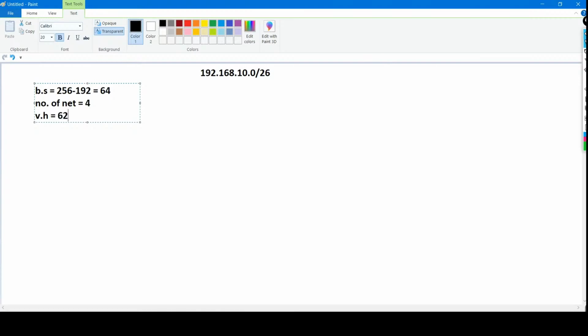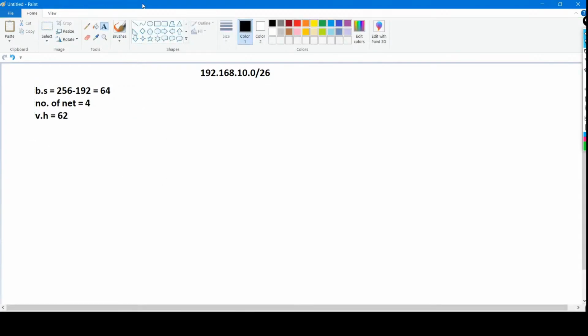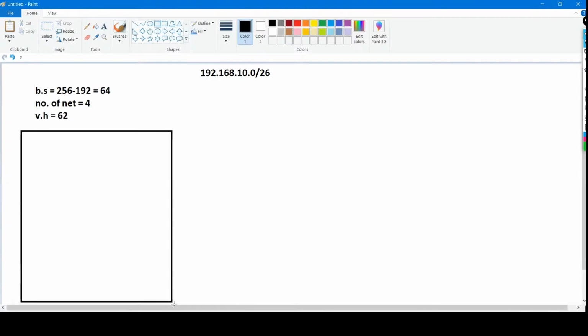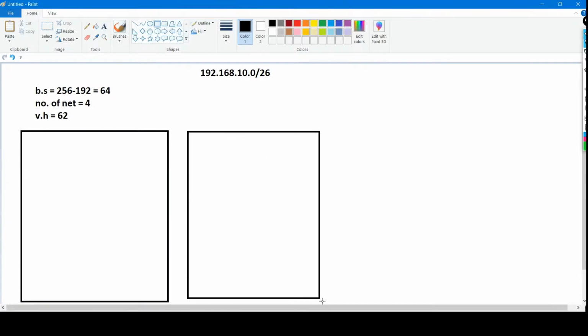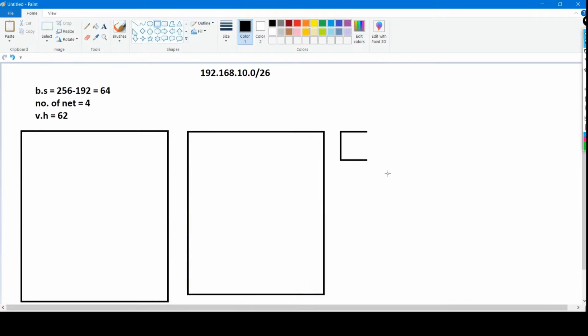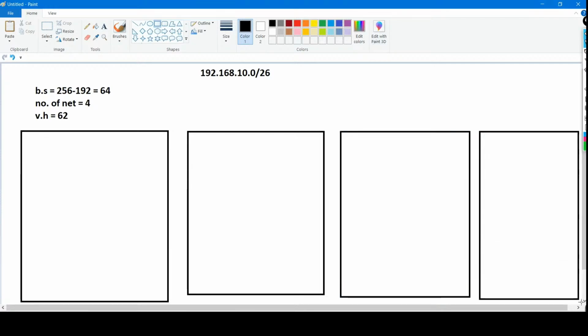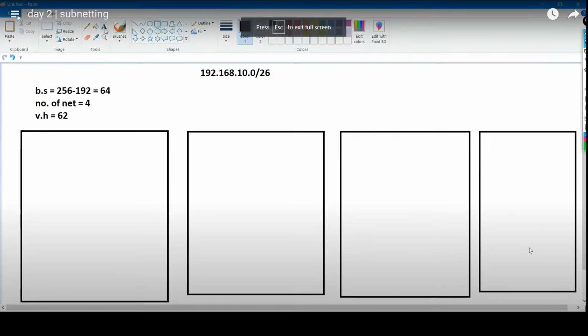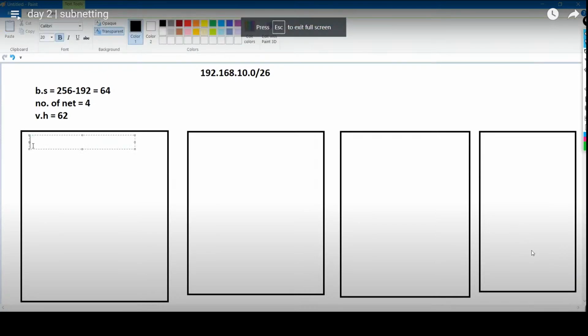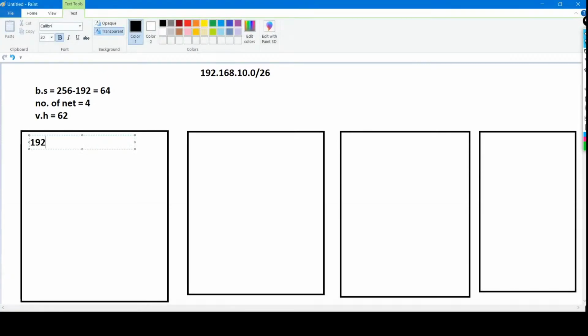Okay, so here we have divided this network into 4 parts: network 1, network 2, network 3 and network 4. The network ID of the first network will be 192.168.10.0.